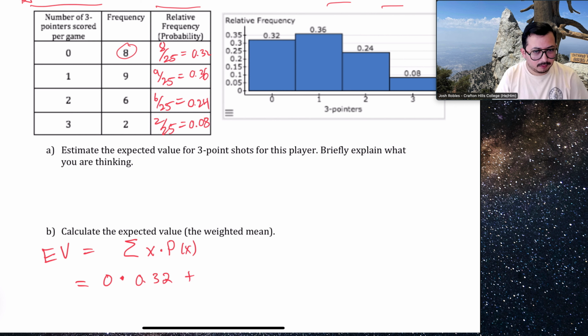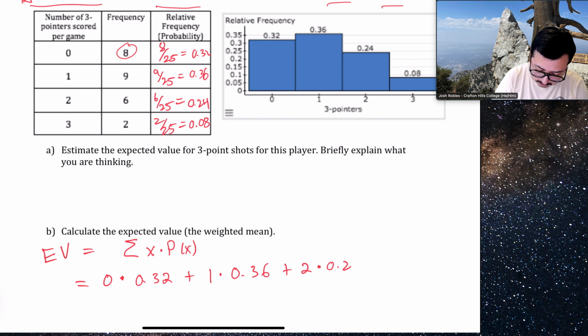That's going to be 0 no matter what, but this is the procedure. You take the values times their probabilities and add those all up. So 1 times the next value, and its probability is 0.36. 2 times 0.24, and then 3 times 0.08.